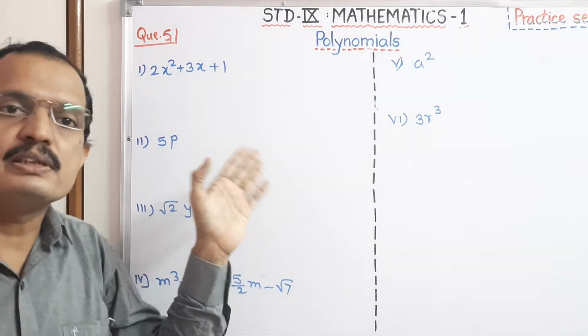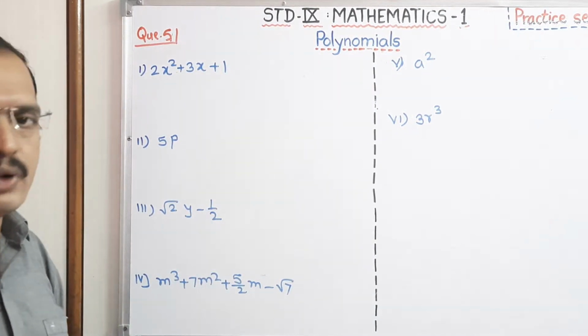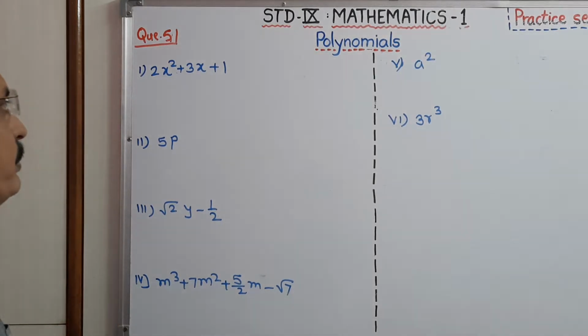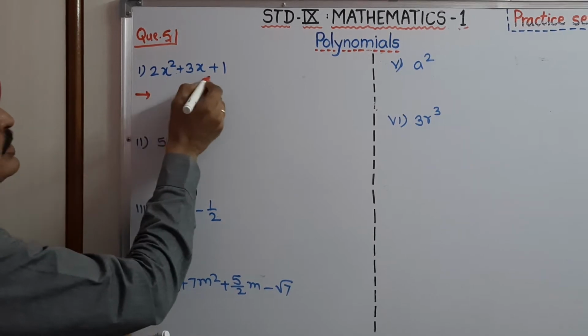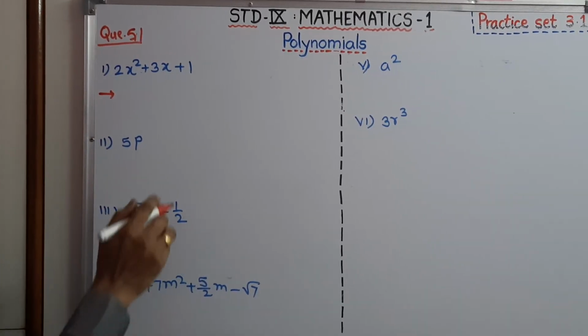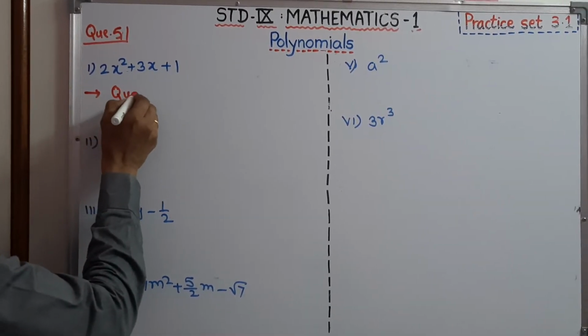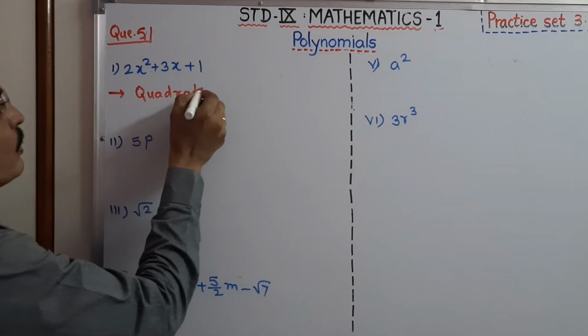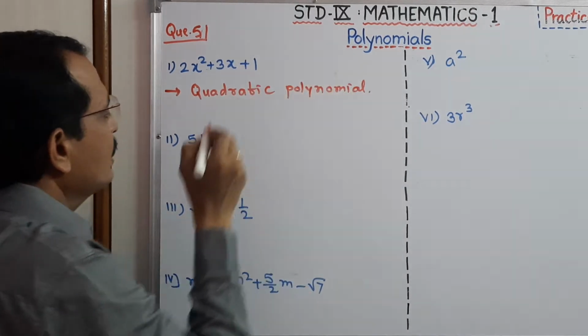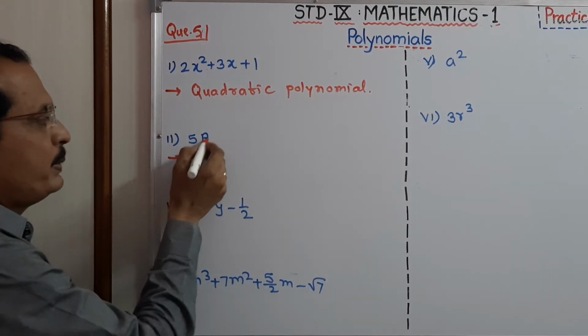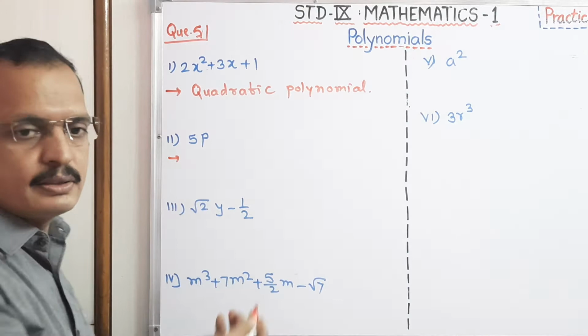That means we have to consider the degree. If degree is 1, then it is linear. Now tell me, in this case, what is the degree? Degree is 2, therefore it is a quadratic polynomial. See, second one, 5p raised to 1, that is linear.